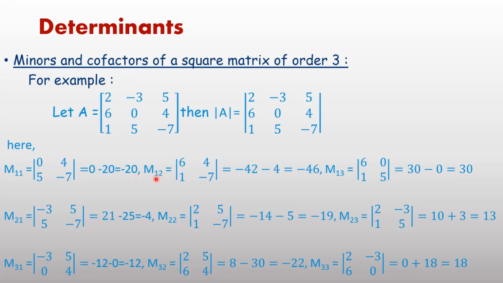Here 1 2 is written: minus 1 power 1 plus 2 means minus 1 power 3, so the sign will change. If the sum of numbers in the subscript is an even number then minor and cofactor remain the same. If it is an odd number then the sign will change.